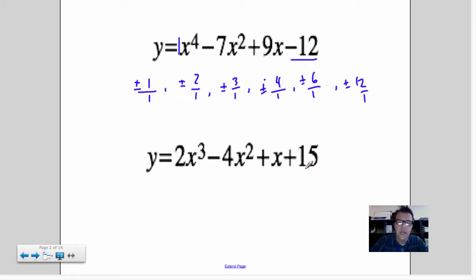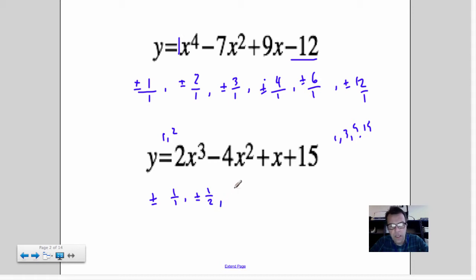So here 15 has the factors 1, 3, 5, and 15. And notice that the number 2 has the factors 1 and 2. So here we would take the first factor from 15, plus or minus 1, and divide it by 1, and then also take that same factor of 1 and divide by the other factor of 2.